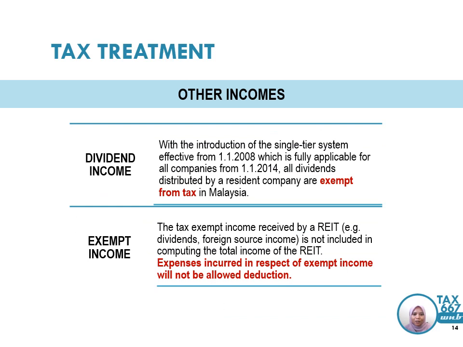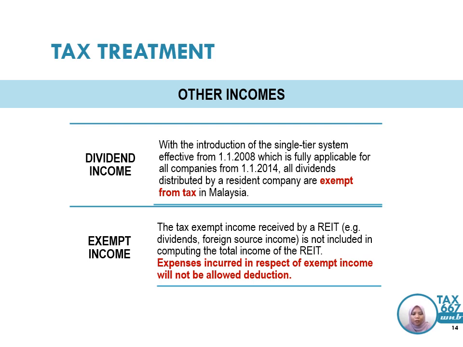What if REITs receive dividend income? Sama macam treatment kita so far sebelum ni, dividend dekat Malaysia bermula 2008, we employed the single tier dividend system. So kalau REITs receive dividend, that dividend is exempted.